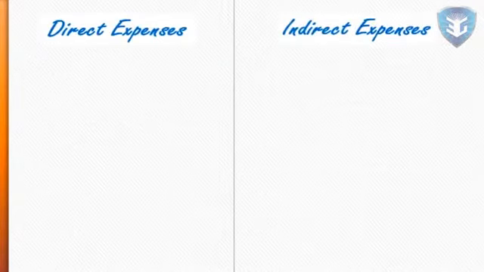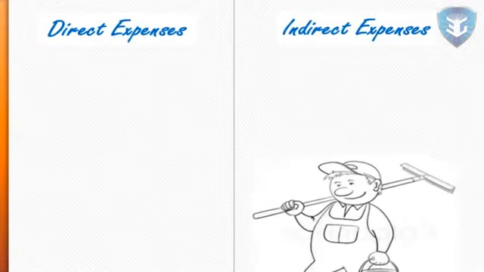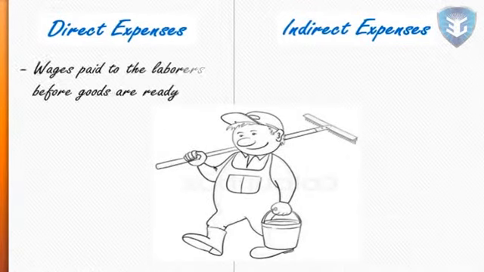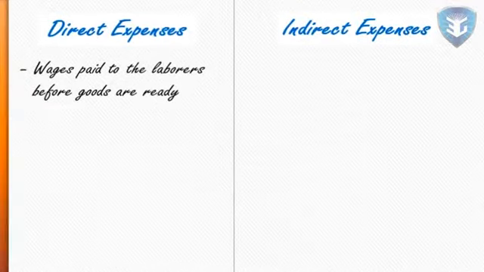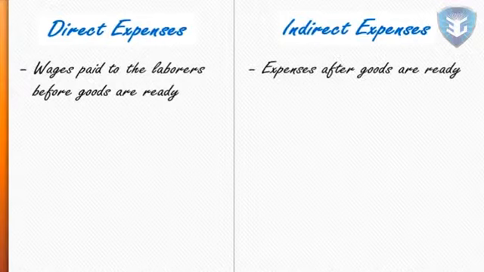For example, you are paying wages in your factory to the labor. They are direct expenses because the goods are not yet ready. If the goods are ready, means ready to be sold, after that all expenses are indirect expenses. And let me explain again, all expenses are of two types: direct expenses and indirect expenses.